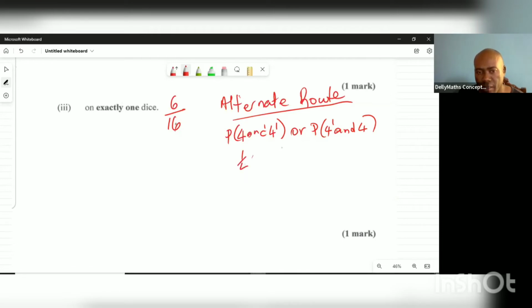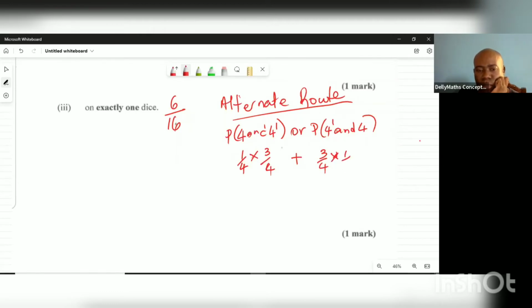1/4 with my 3/4, and I'm going to be adding that to my 3/4 times 1/4.